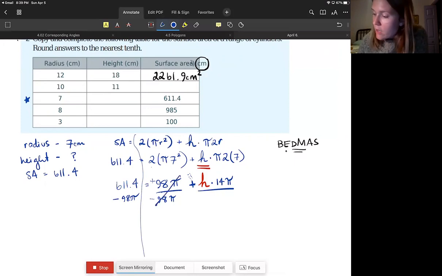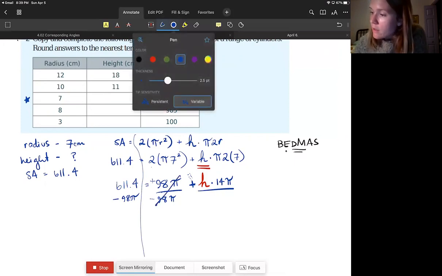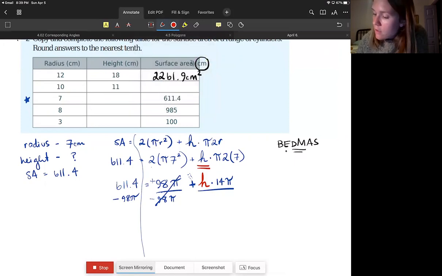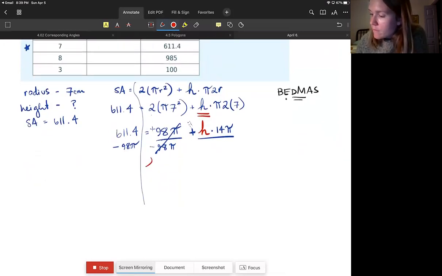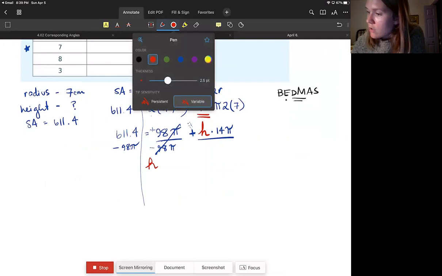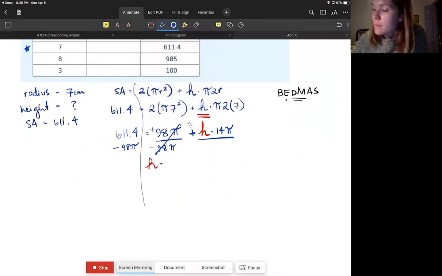So now I cancel it out, and I'm left only with h times 14 pi.